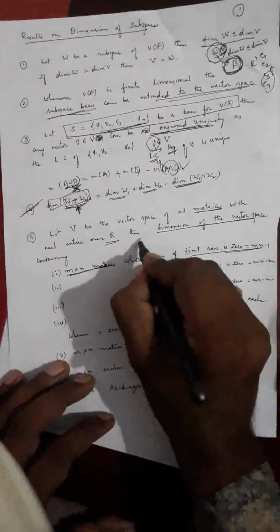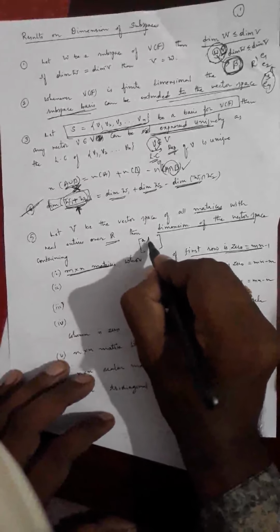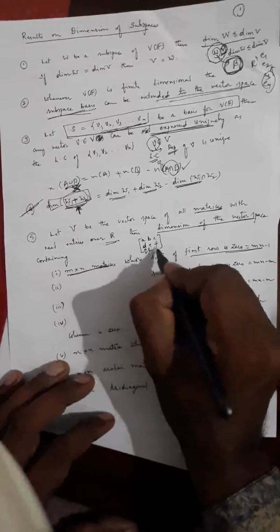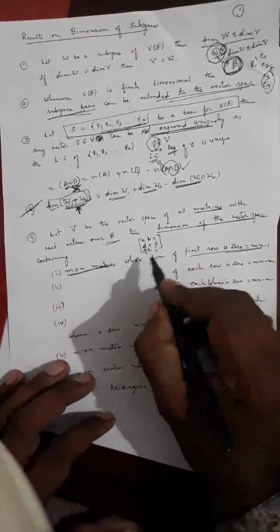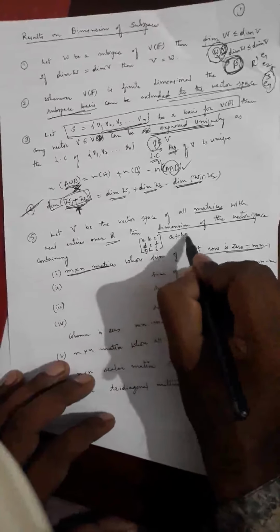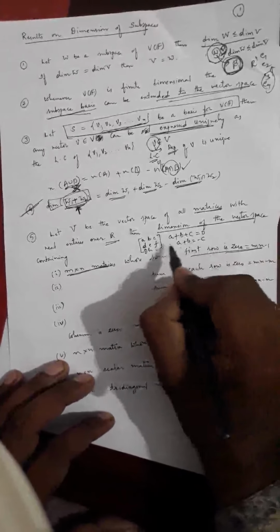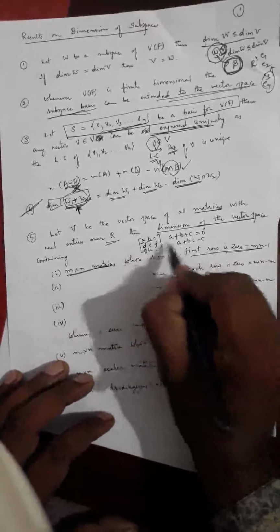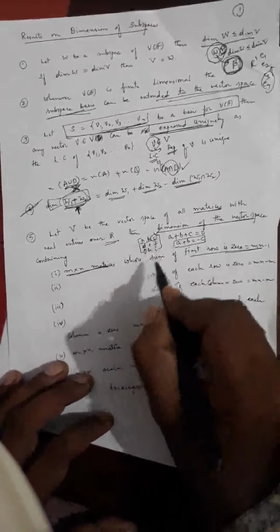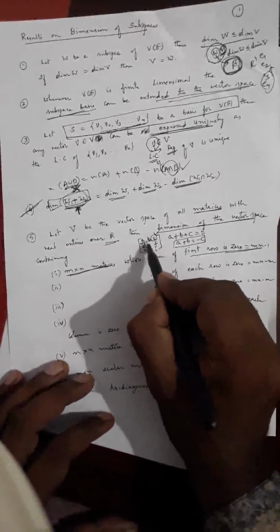For example, take 3 cross 3 with elements a, b, c, d, e, f, g, h, i. First row sum being 0 means a plus b plus c is equal to 0. That means a plus b is equal to minus c. If I know a and b, I can write c. The third one I can write using these two. That means c depends on a and b.